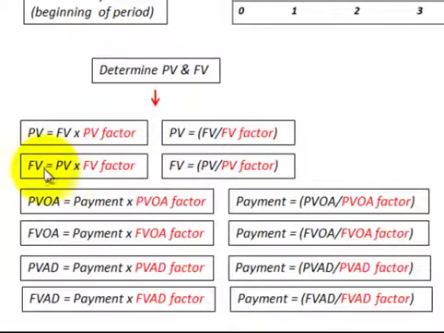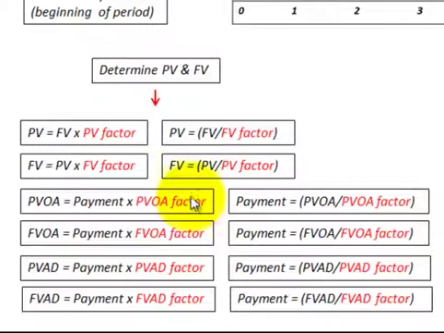That's just taking this future value equation and using some simple algebra on it, where you take the future value factor and divide it over by the future value, and that gives you your present value. Same is true for the future value equals the present value divided by the present value factor.